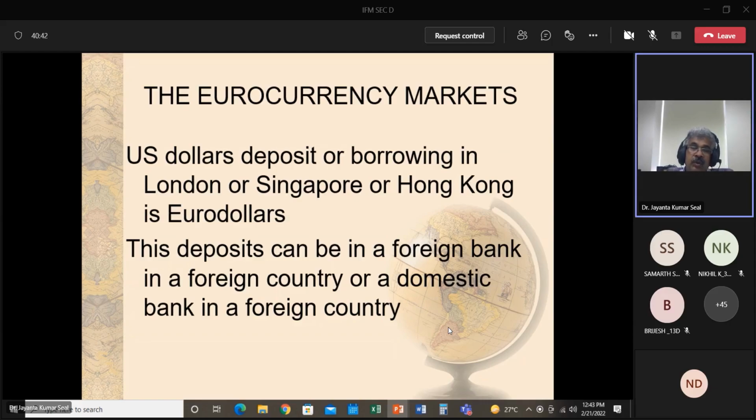It can be Barclays Bank, Deutsche Bank, all these banks in a foreign country, that is outside the US, or maybe a US bank outside the US. So it may be Deutsche Bank or all these banks either in Germany or in London or whatever it is, or it can be Citibank in London.